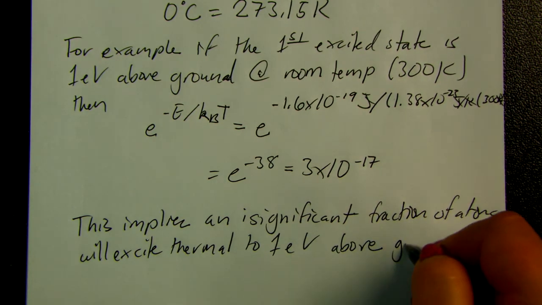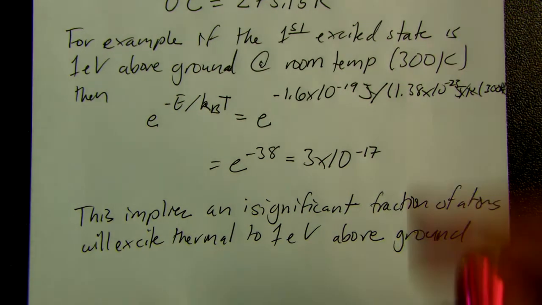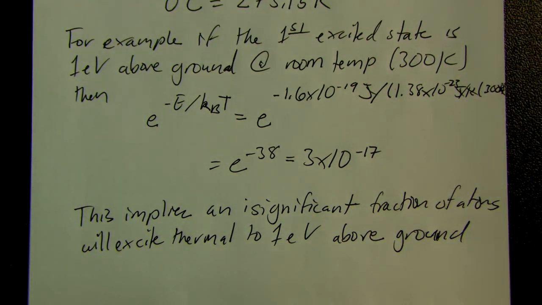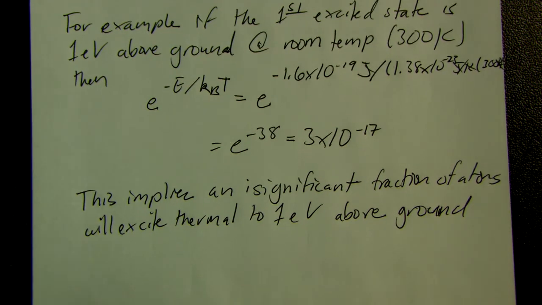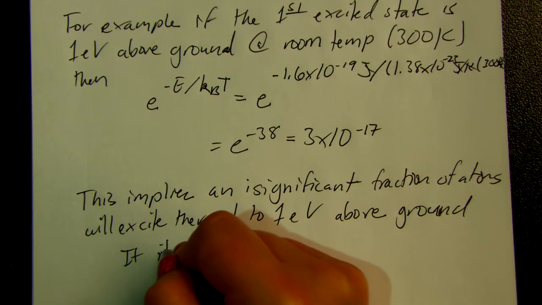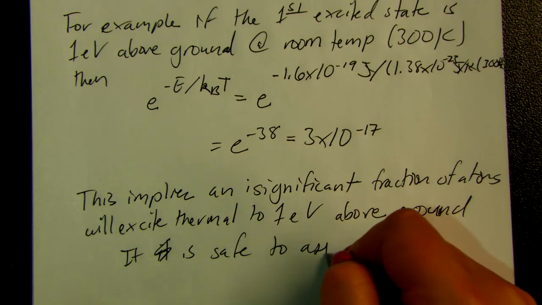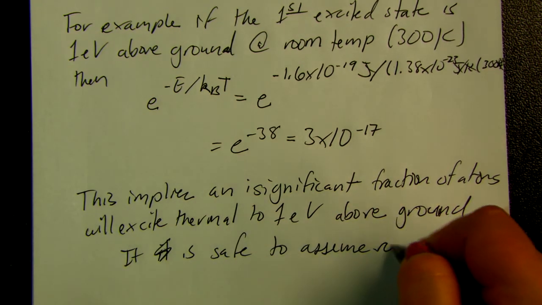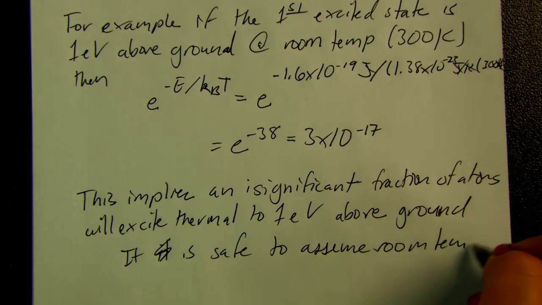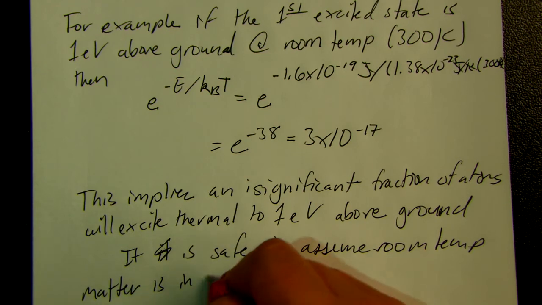And so we can see then, if you were to go to the higher energy states, how much more that would drop off as a function looking at that particular temperature. So we can compare this. Oh, one other note. So therefore, it is safe to assume room temperature matter is in ground.